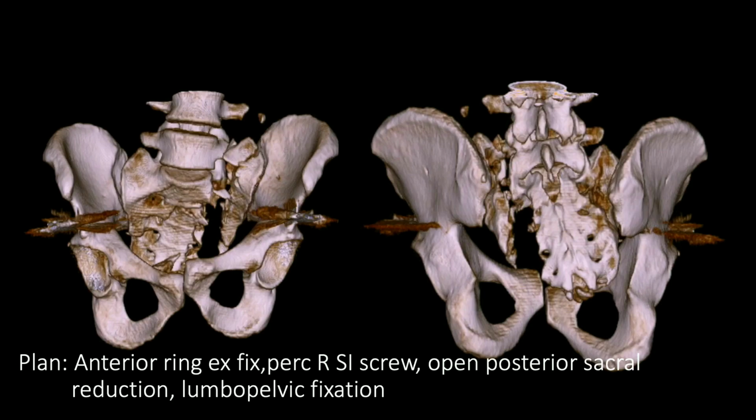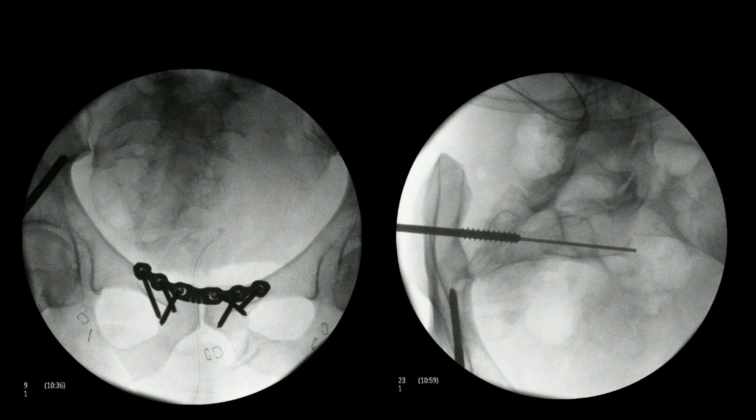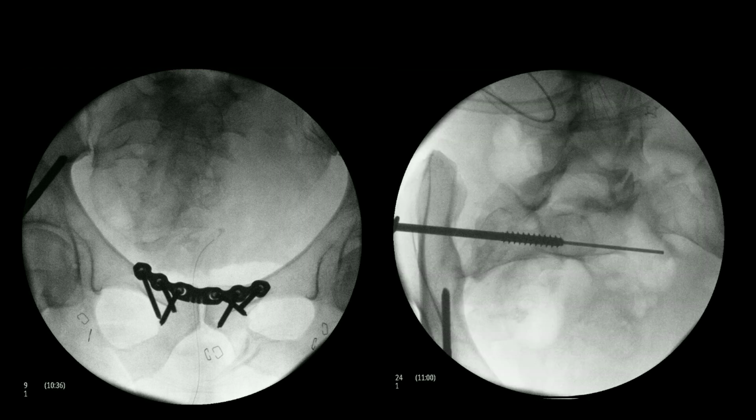So, in conjunction with the traumatologist, the plan was for an anterior ring ORIF, PERC SI screw on the right side to close down that joint, and then an open posterior sacral fixation. So the pelvic surgeon fixes the front. The front is usually left somewhat flexible so that if the back is not reduced, you can still mobilize it and percutaneously close down the SI joint there.